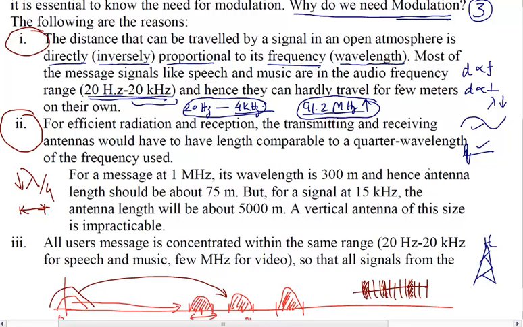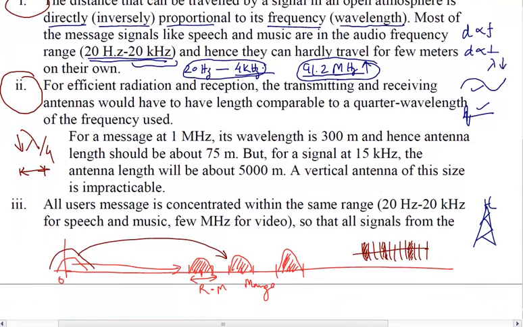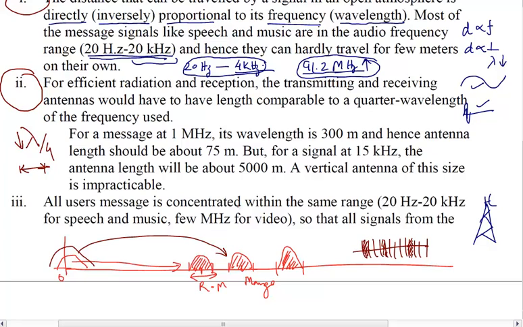And the third one is that since everybody is talking in this particular range of 20 hertz to 20 kilohertz, if everyone wants to listen to what the other person is saying, everyone will be allocated a different bandwidth. To take everyone to a different bandwidth, everyone should be given a different carrier frequency, and giving a different carrier frequency means modulating at different carrier frequencies. So we require modulation for that.